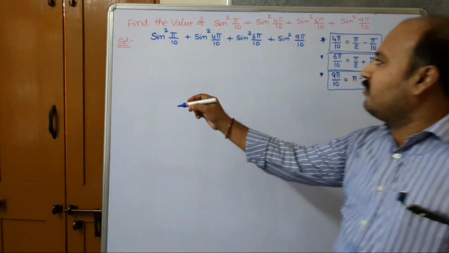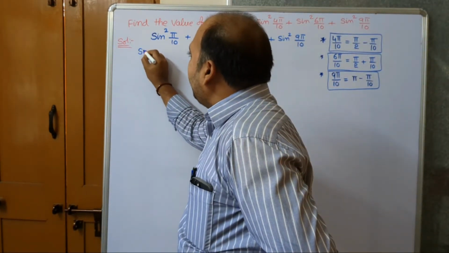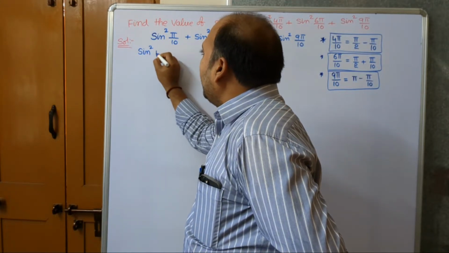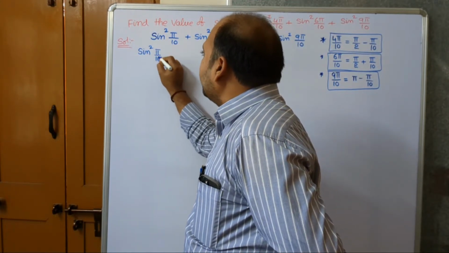So now one by one we will change it. Sine square pi by 10, here we are not changing anything.